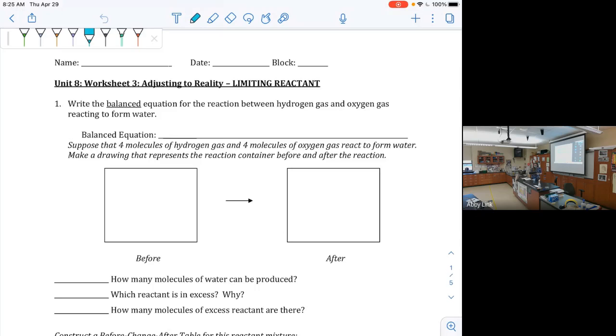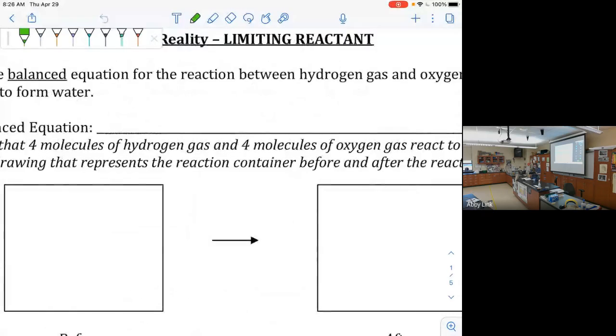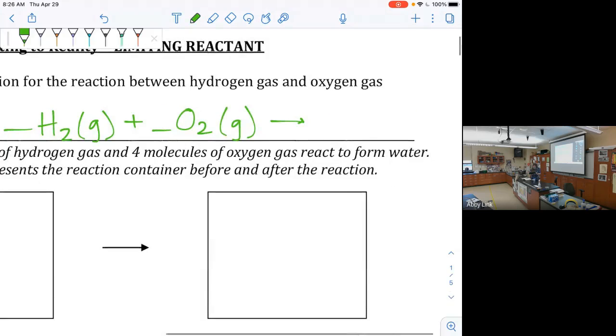It says write a balanced chemical equation for the reaction between hydrogen gas and oxygen gas reacting to form water. Okay. You guys have probably seen this reaction like 12 times at this point. But it is a good one to think about in terms of a new topic, just because it's pretty simple and straightforward.